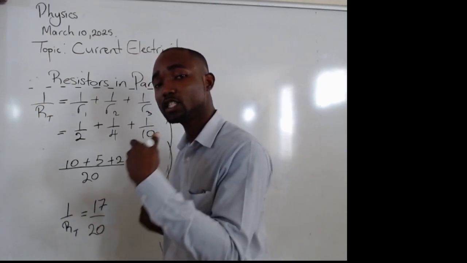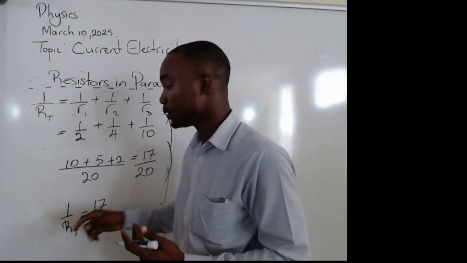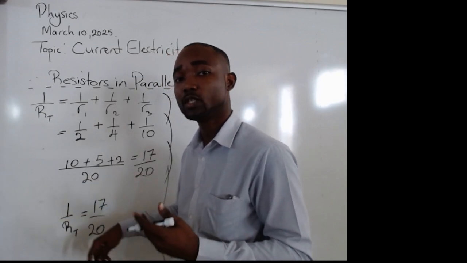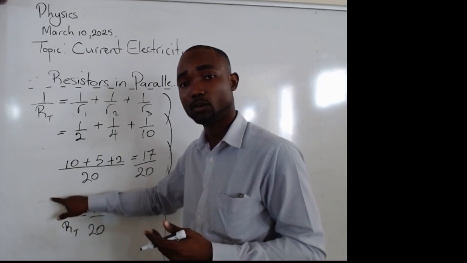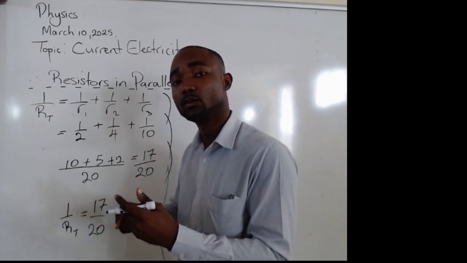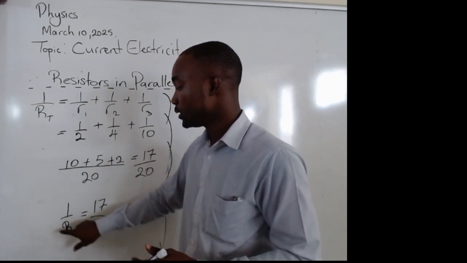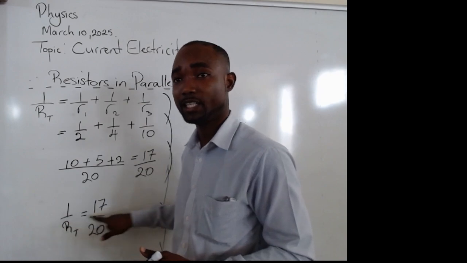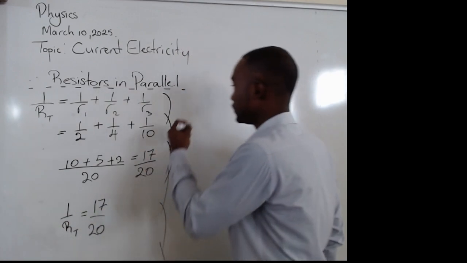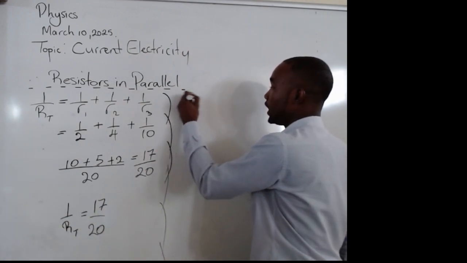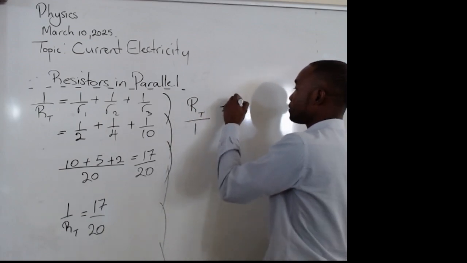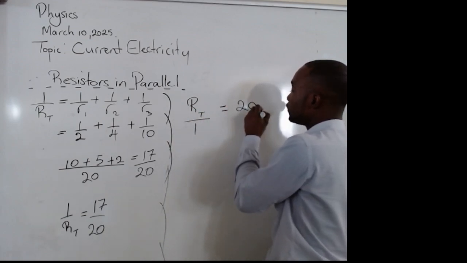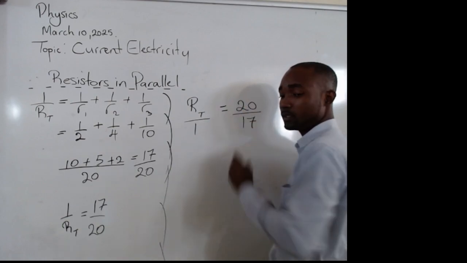All we need to do is reciprocate. 1 over RT is the reciprocal of RT. That means if you want to find RT and you have 1 over RT, all you need to do is flip it around. So I flip around the left side, I need to flip the right side around. So let's reciprocate. So RT over 1, therefore, is equal to 20 over 17.